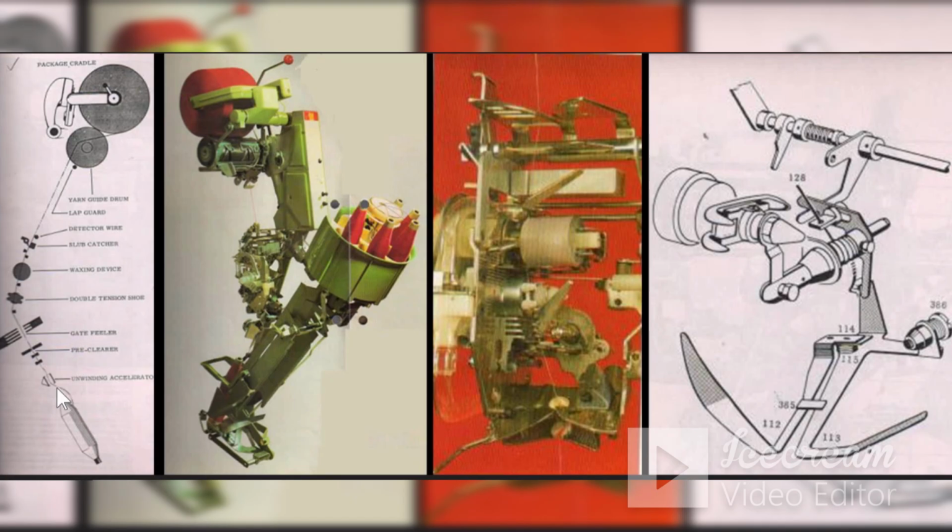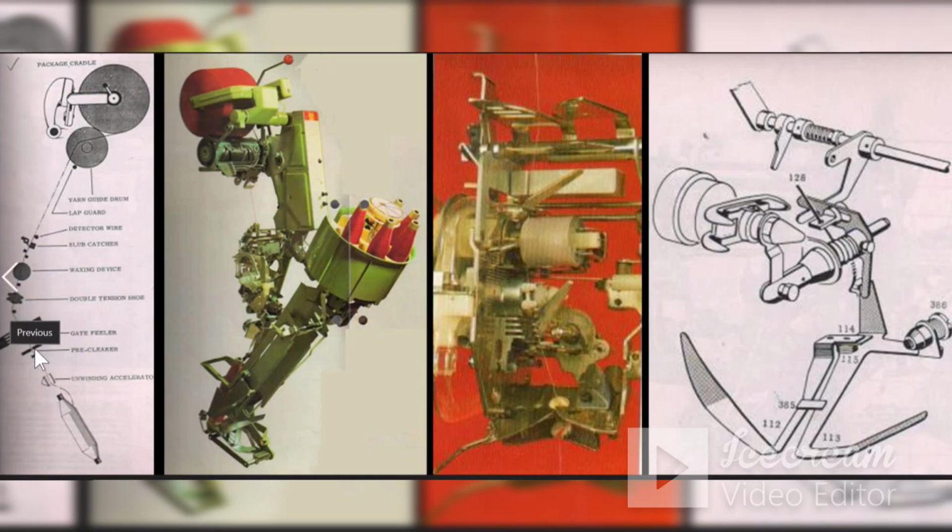This is the supply package, that is the ring frame bobbin. What you can see here in this photograph, so this is the ring frame bobbin. This is the unwinding accelerator.